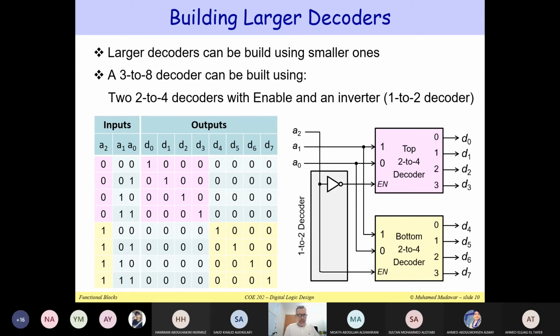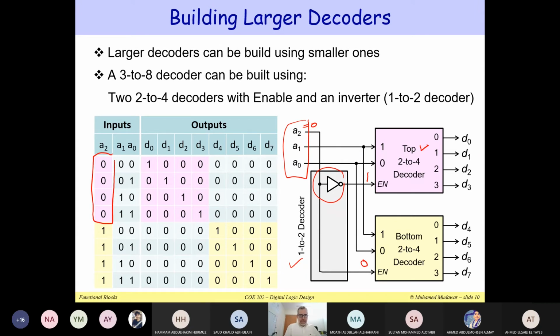And I'm also going to use an inverter here. The inverter can be used to implement a 1 to 2 decoder. Let me explain this. We have 3 inputs here, A2, A1, A0. If A2 is equal to 0, then the output of the inverter will be equal to 1. So the top decoder is enabled and the bottom decoder will be disabled.